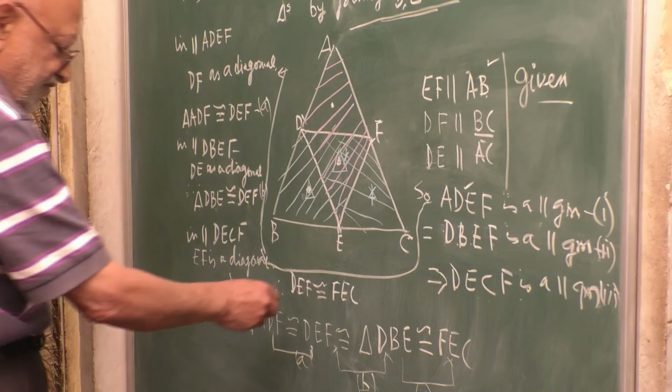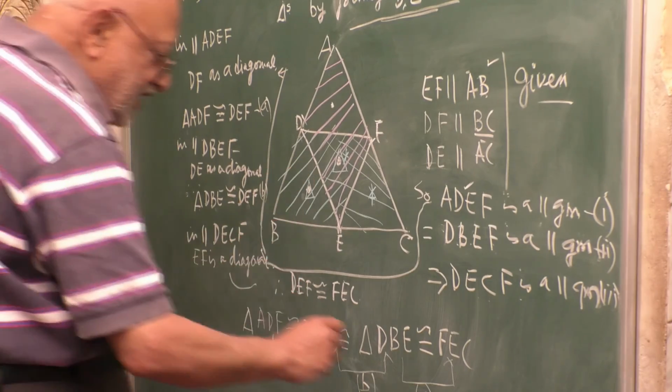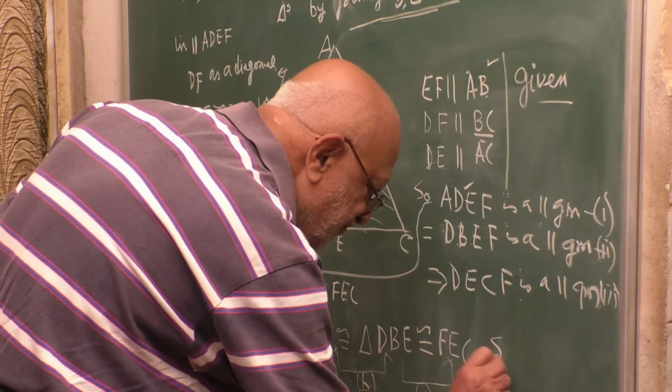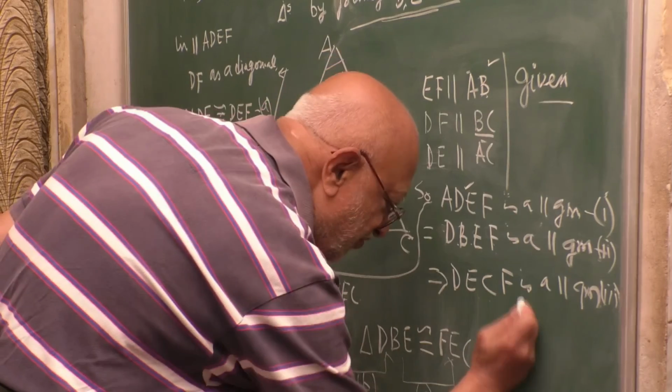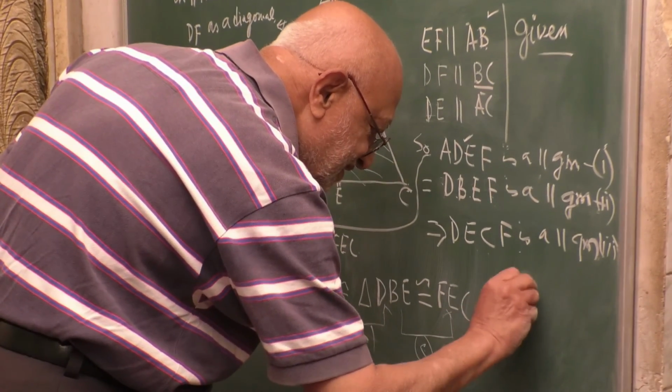So DEF is always coming here. So these are the four triangles.